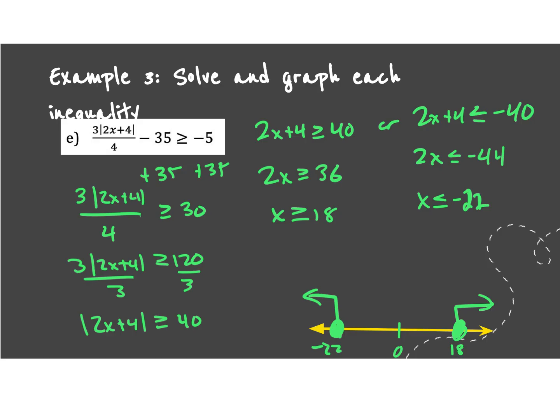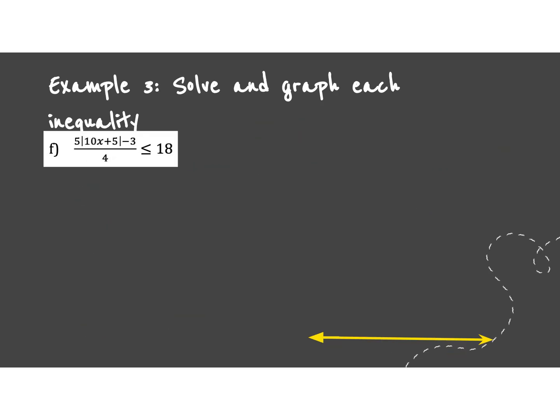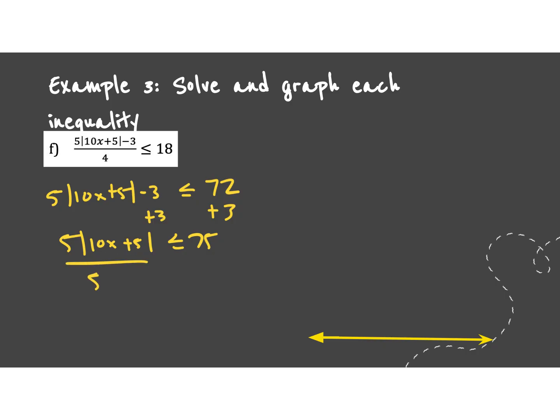All right, last problem. So I want to multiply by 4 first, which should be 72. Add 3. Divide by 5.